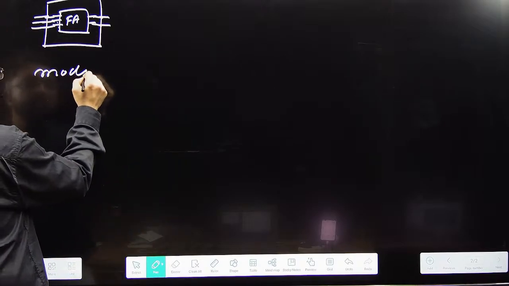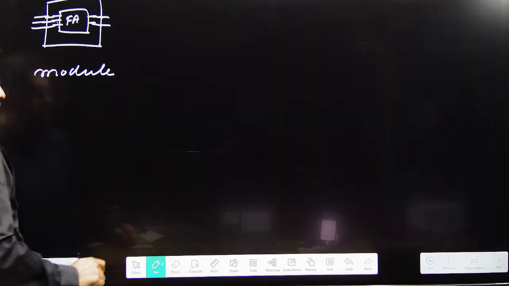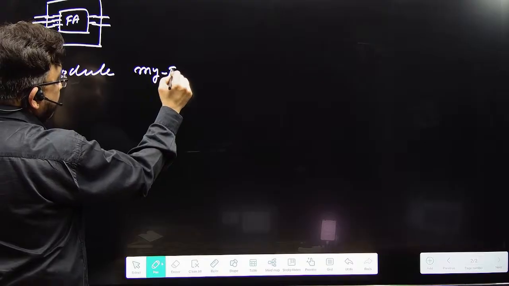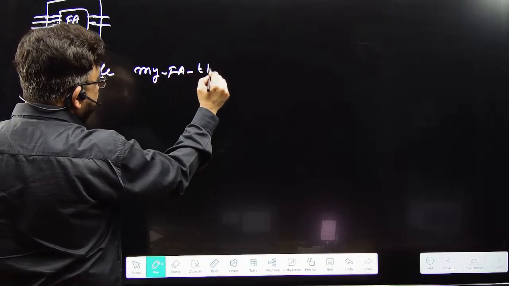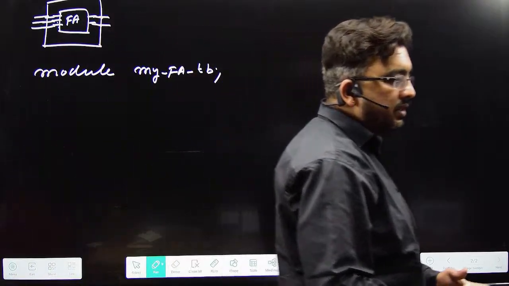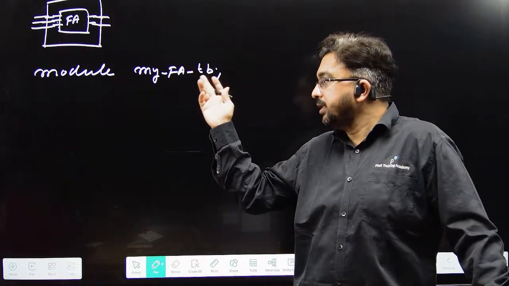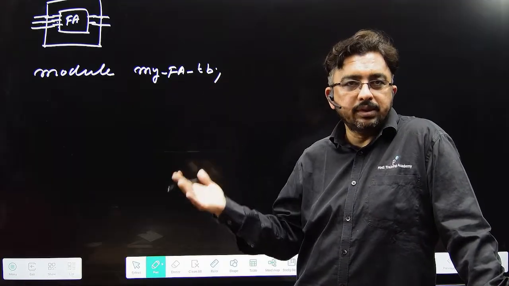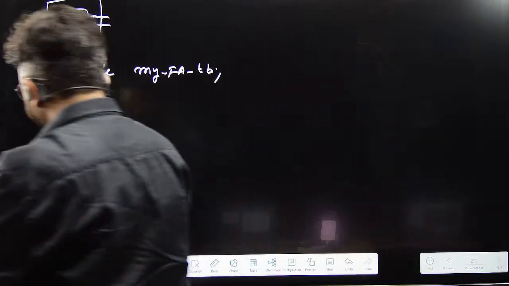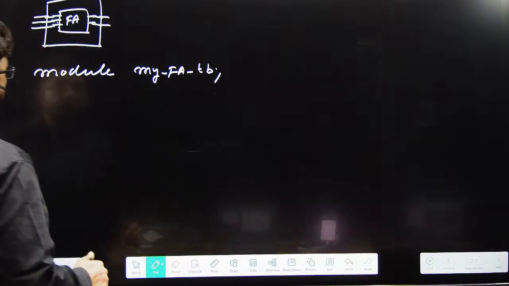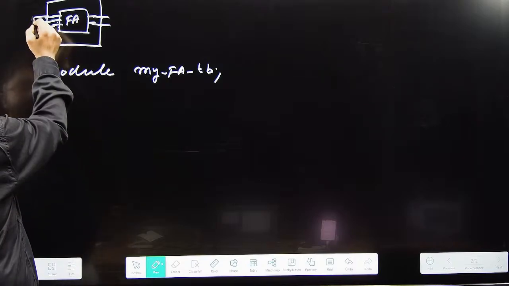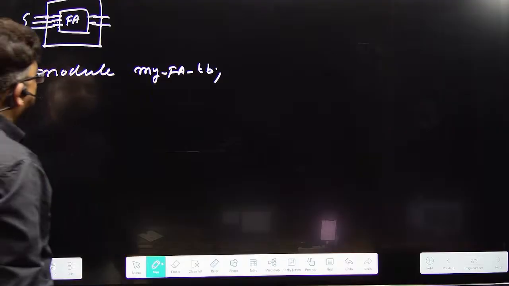Then module. Okay, we have to start with the keyword module. Then my_FA_TB. So for better documentation purposes, if you write test bench as TB, it looks very good actually. Now, what inputs do you have?